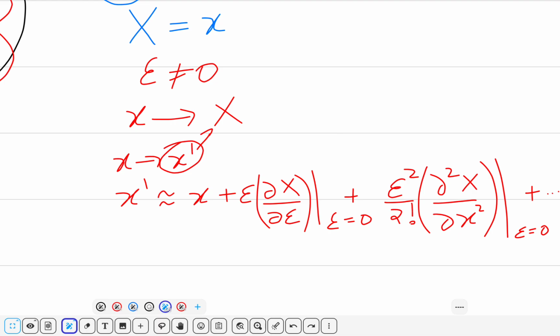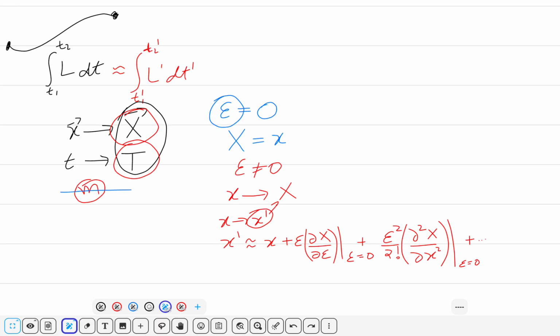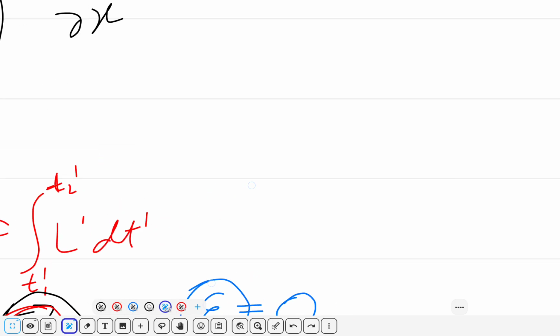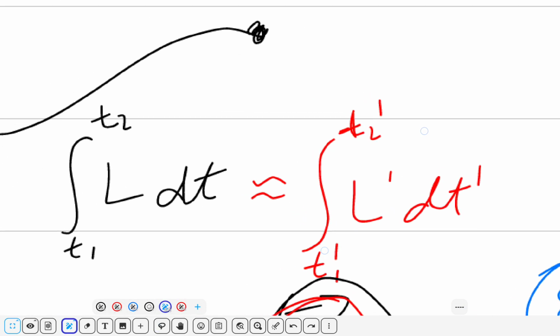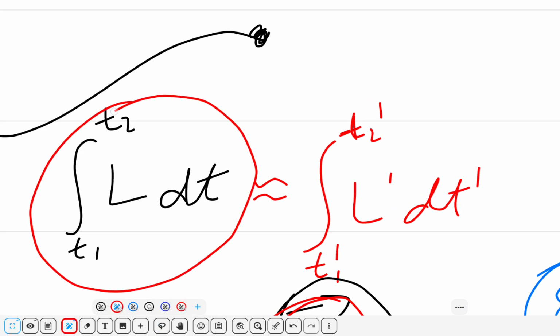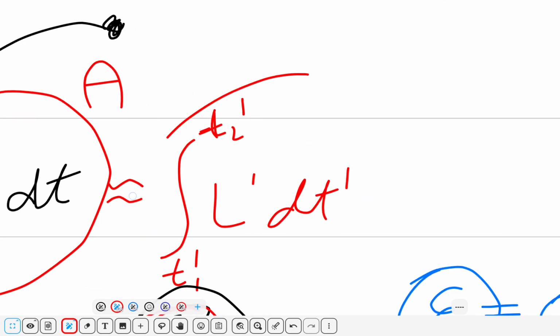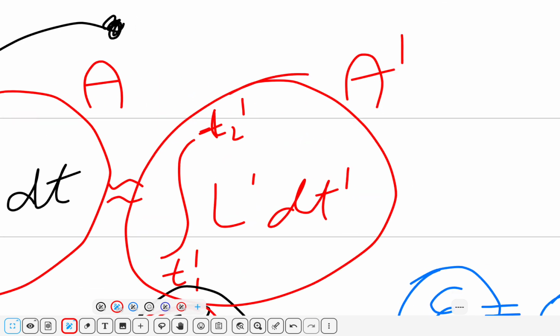And the idea is, let's say there are two actions. My initial action is capital A, and then after doing some kind of translation, the other action is A dash.